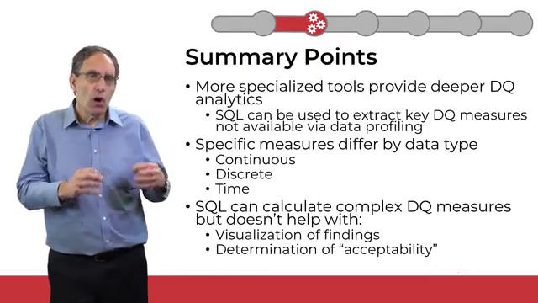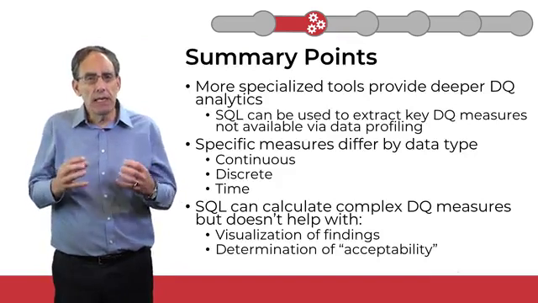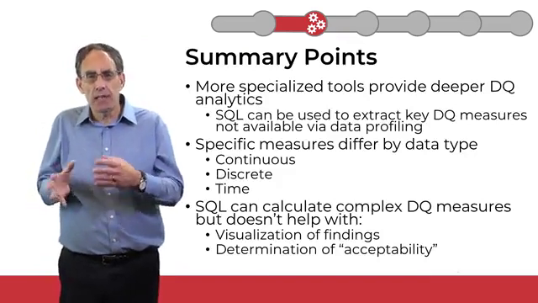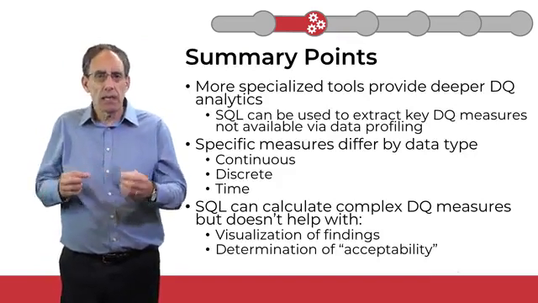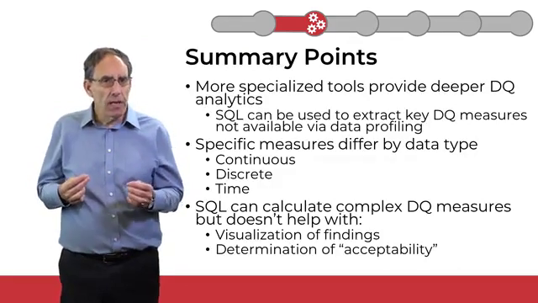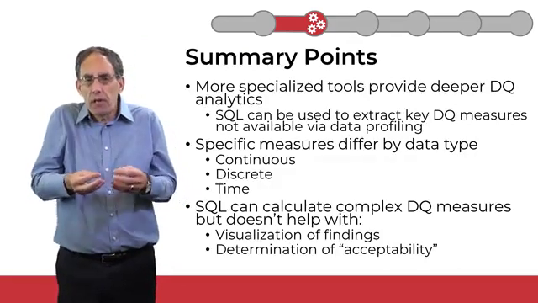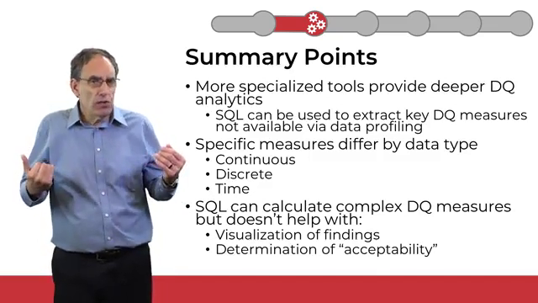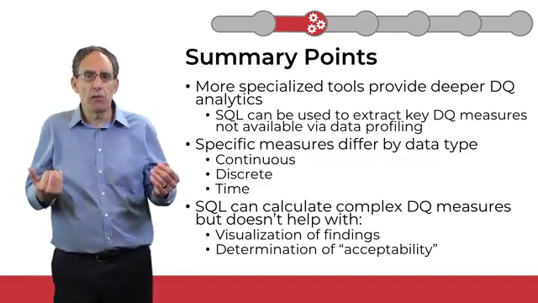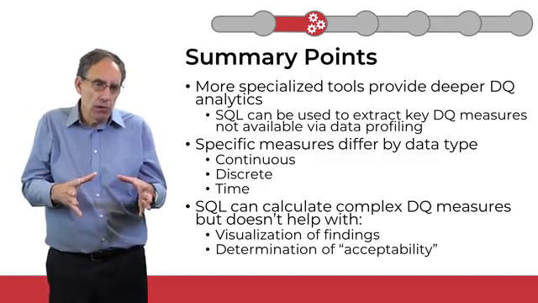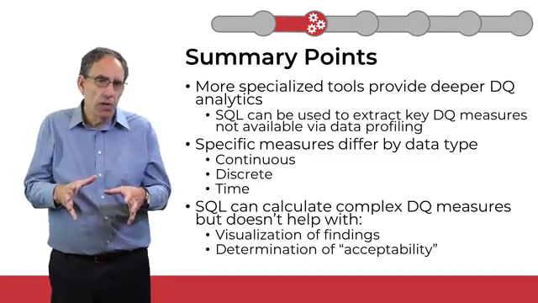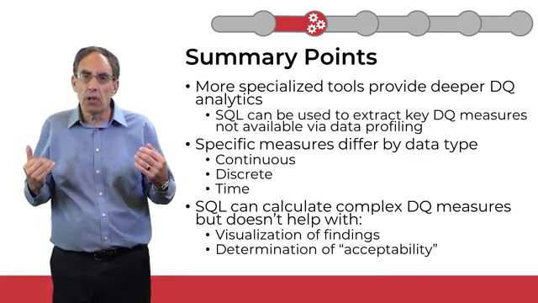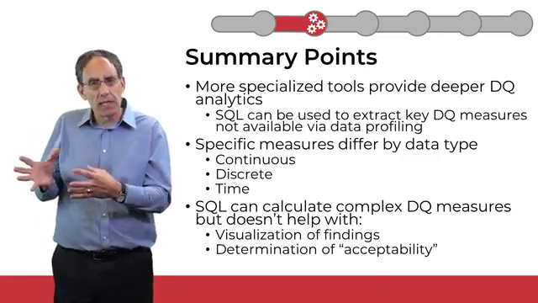Specialized tools or programming languages are needed to dig deeply into the database or data sets to calculate more complex data quality measures that reveal subtle data quality issues. SQL is just one language that can be used to go beyond measures available in data profiling tools. Different types of data quality measures apply to different data types.